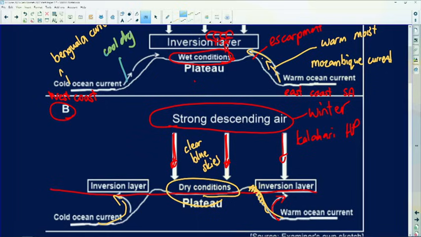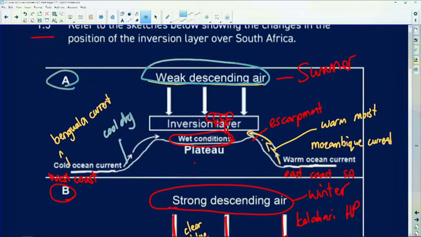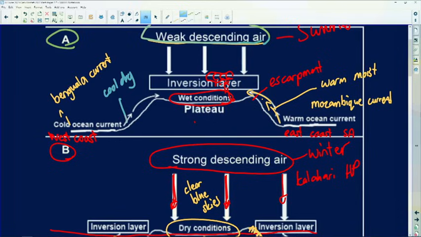But first and foremost, A definitely represents summer and B represents winter because we have the Kalahari, strong subsidence, descending air that we experience over the interior on the plateau.